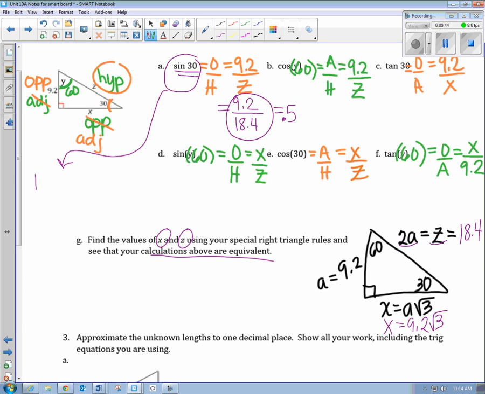You need to make sure that your calculator is in the correct mode. So if you hit the mode button on your calculator and you get to the third line down under that menu, you're going to see radian degree. You need to make sure that your calculator is set in degree mode.